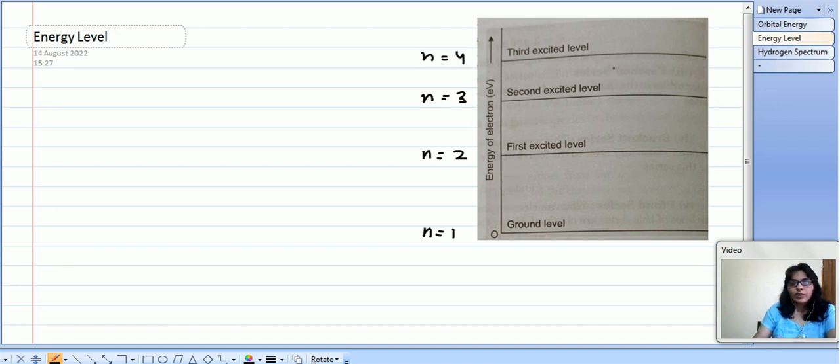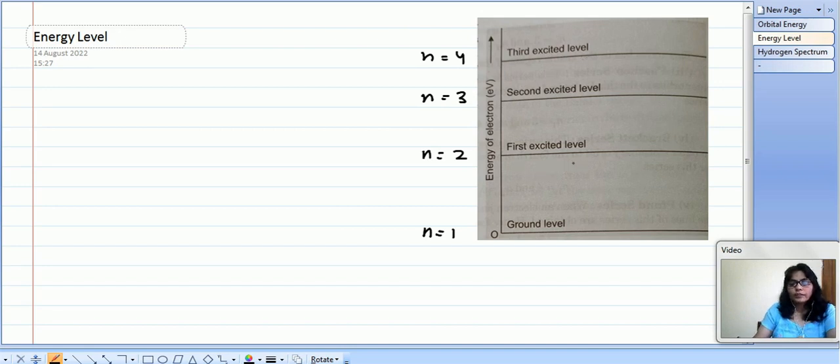There will be emission of radiation when an electron jumps from one state to another state. The lowest energy level is termed the ground level. So n equal to 1 is the ground level energy, and n equal to 2 is the first excited level, then the second excited level, and the third excited level.